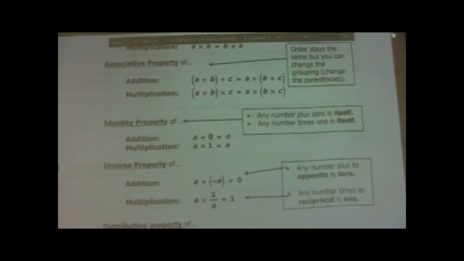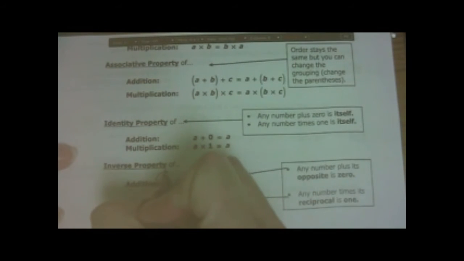And what happens when you add them together? You get 0. 5 and negative 5 is 0. 20 and negative 20 is 0. They are inverses. So one way that you can write this is called the property of opposites. So we'll just put a little arrow here. Also called the property of opposites.